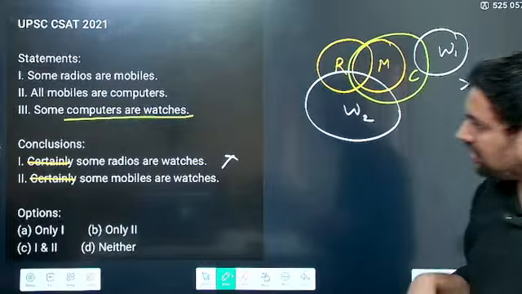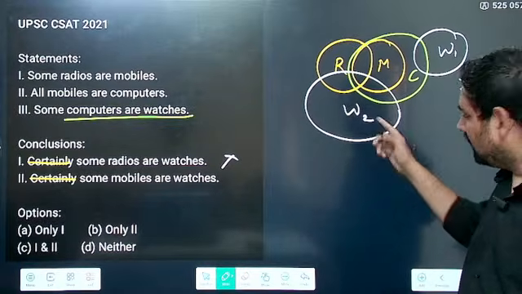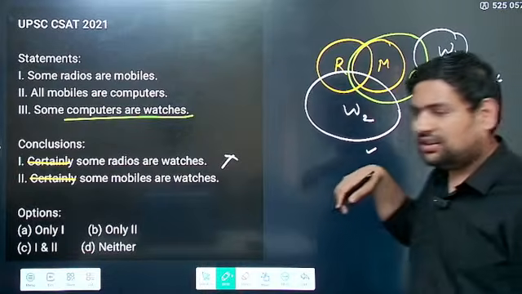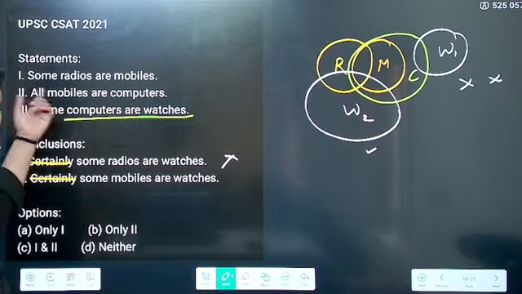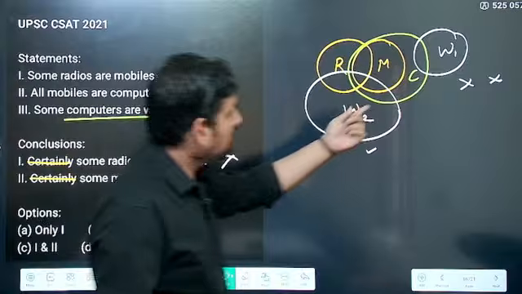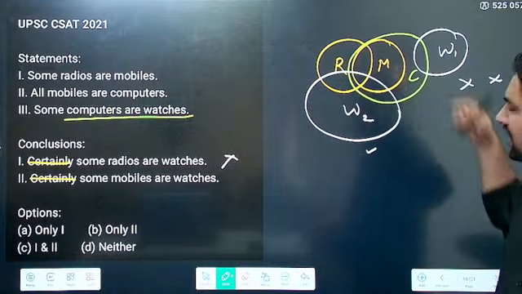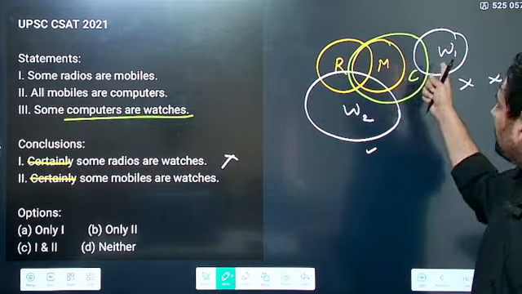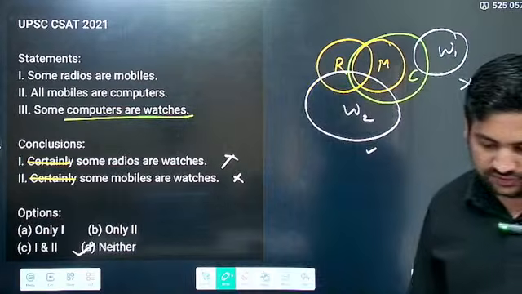If you look at mobile and watches, here it is correct, but here it is not necessarily correct. Ultimately some computers are watches, and all mobiles are computers. So there may be certain computers that are not mobiles and intersecting with the watches. So again, some mobiles are watches is also not holding in this diagram. So this is also wrong. Answer becomes D, neither.